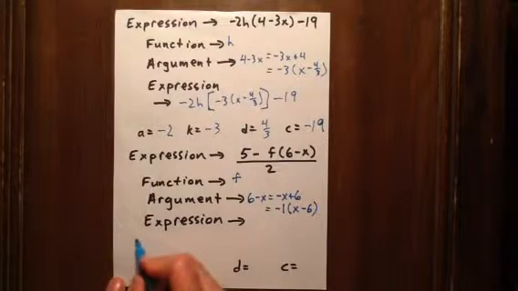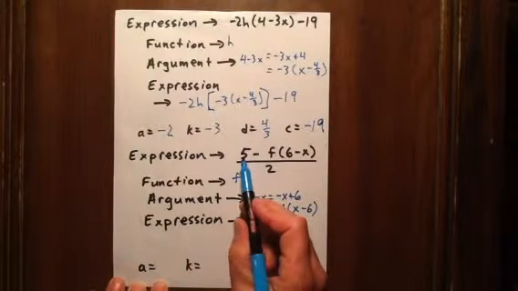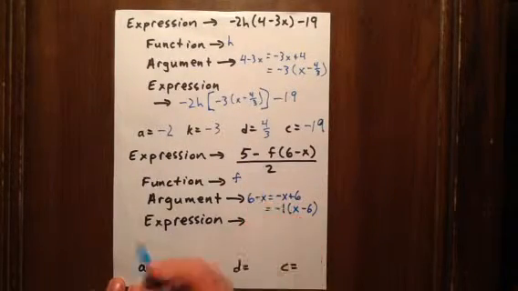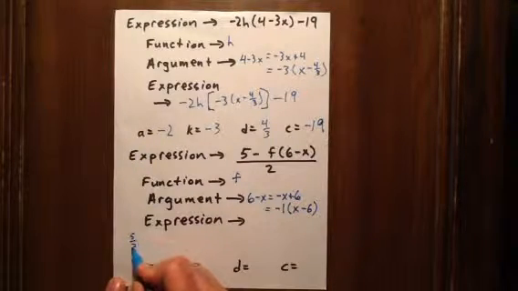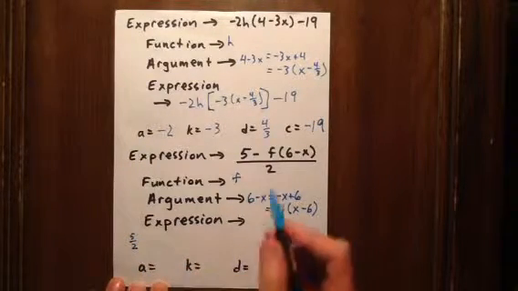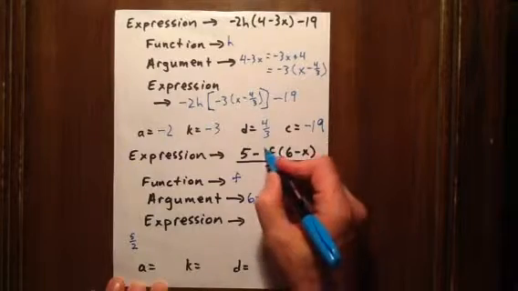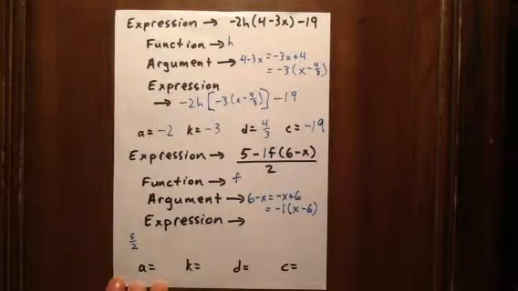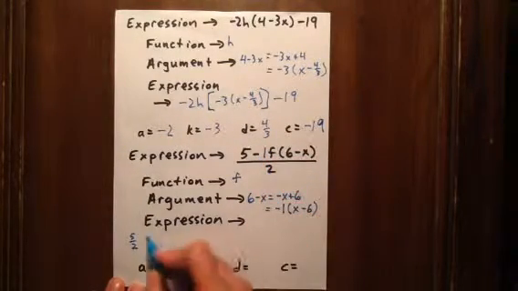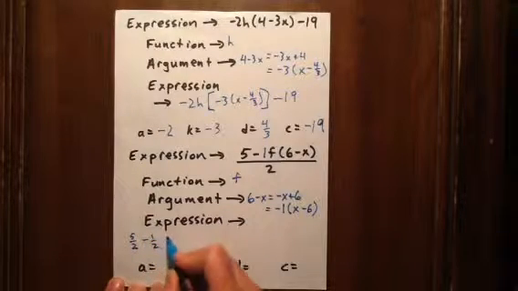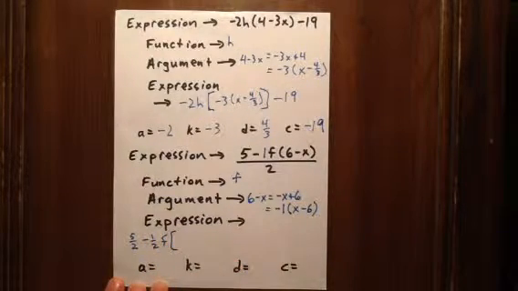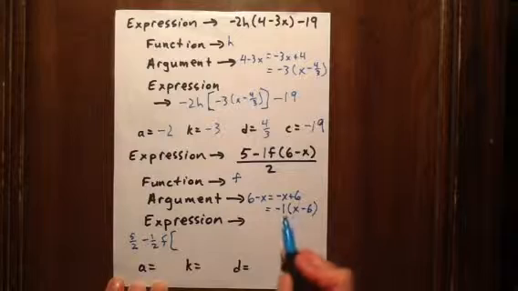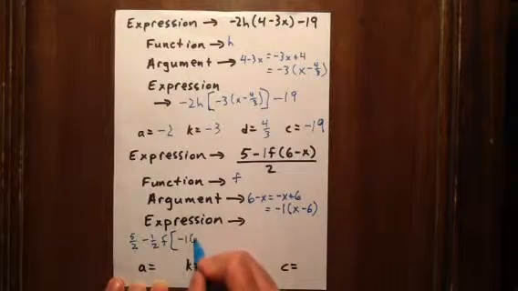Now our expression, I'm going to take this 5 and divide by 2, so it's 5 halves. And then I'm going to subtract this. There's a coefficient of 1 in front of the x. Well, now it's minus a half f of 6 minus x, which we just said is negative 1 bracket x minus 6.